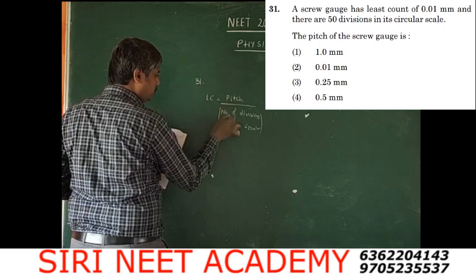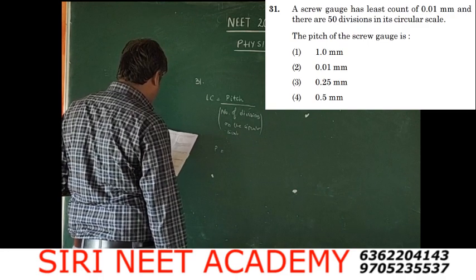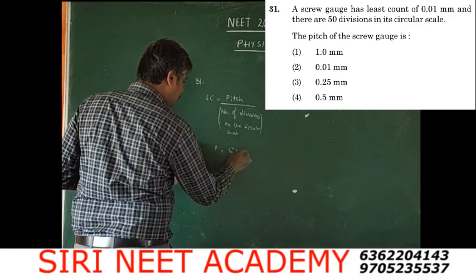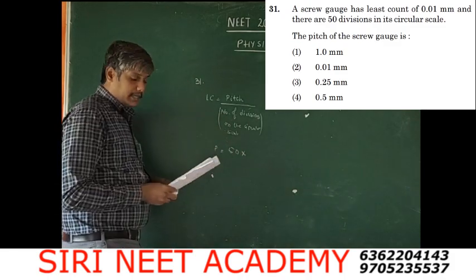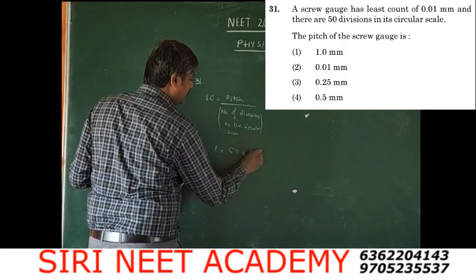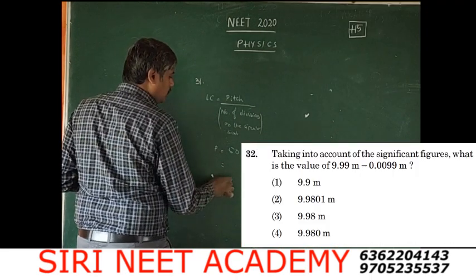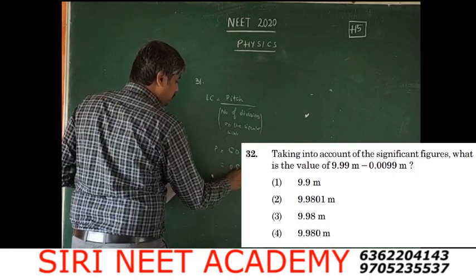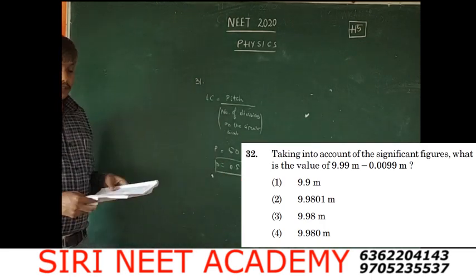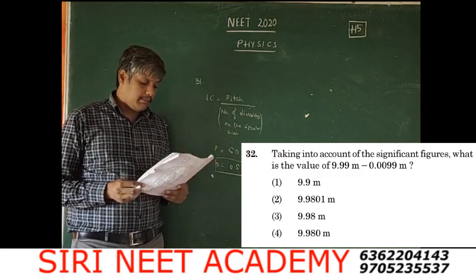So pitch is equal to least count times number of divisions. So least count is given by 0.01 and number of divisions is 50. As the options are in mm, let the least count be 0.01. So it will be 0.5 mm. This is the pitch. So the answer is 0.5 mm. The option corresponding to this will be.